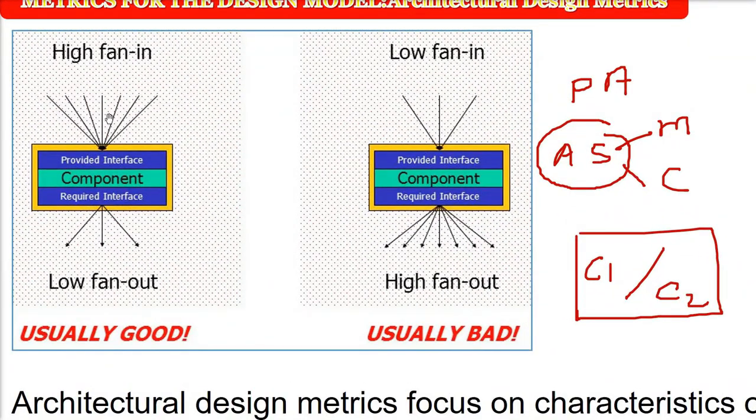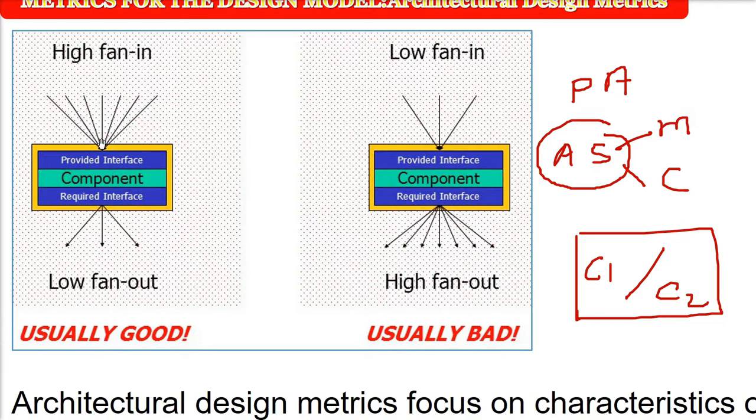For example, here there is a component. Now here we have different functions calling this component or this function. This is called fan in. That is, fan in is when this function is invoked by others. But fan out is how many components, modules or functions this component is going to invoke.